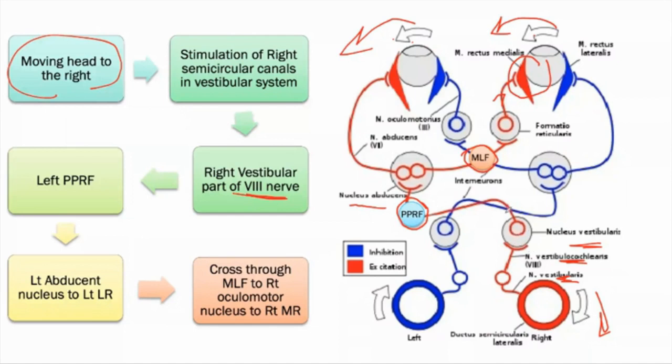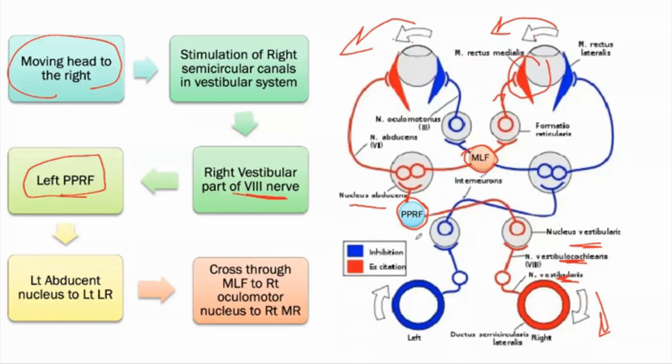The vestibular nerve will send impulses to cross to the other side in order to relay in the parapontine reticular formation, so it will stimulate the left parapontine reticular formation. The left parapontine reticular formation is the center for horizontal gaze.